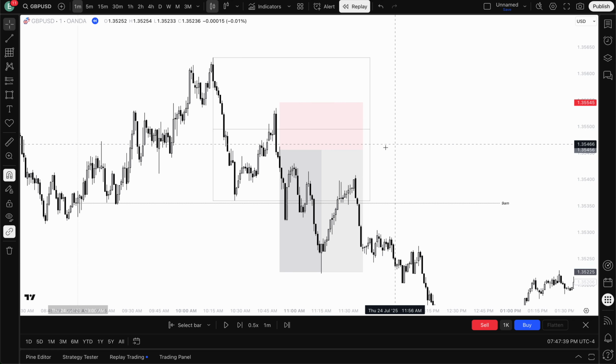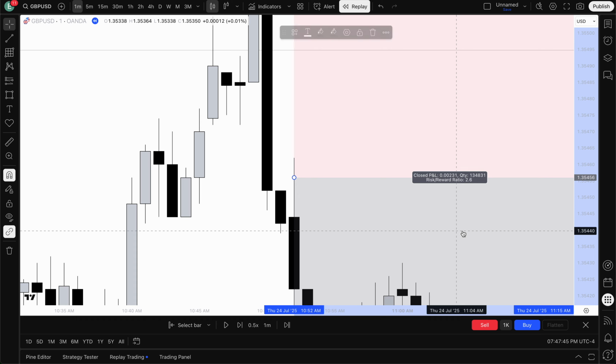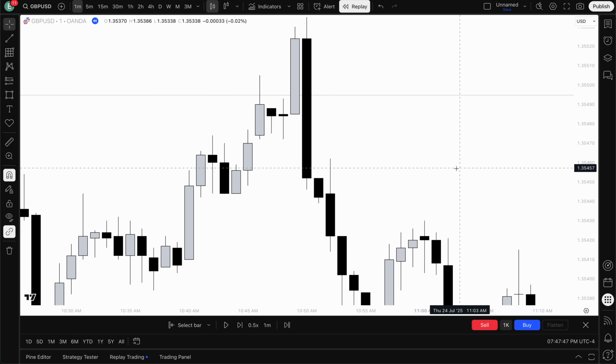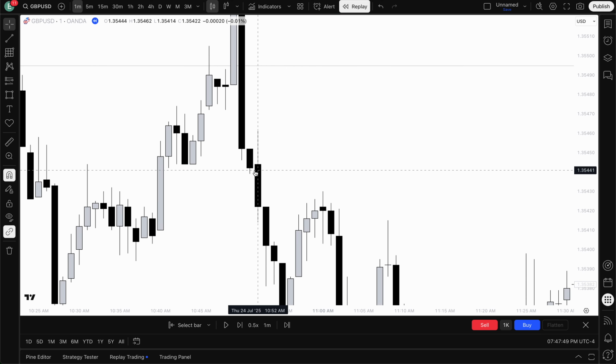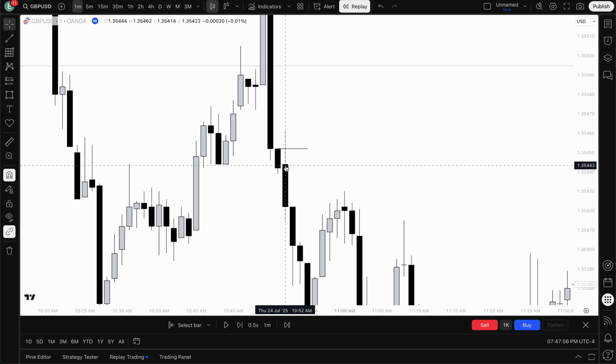But now imagine this is a 4-hour chart and we could just zoom in. We're only looking at 1 minute, but imagine this was a 4-hour. And then here's your CRT candle. You get an open, high, into a key level.